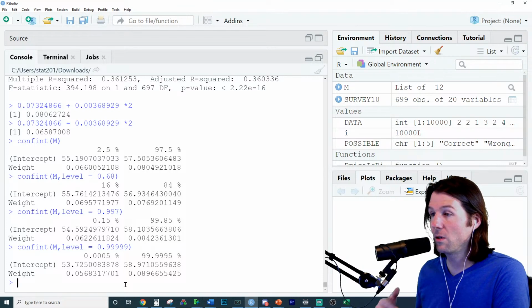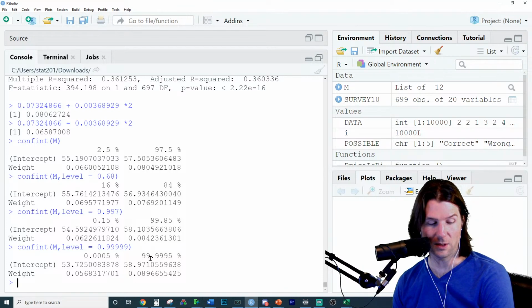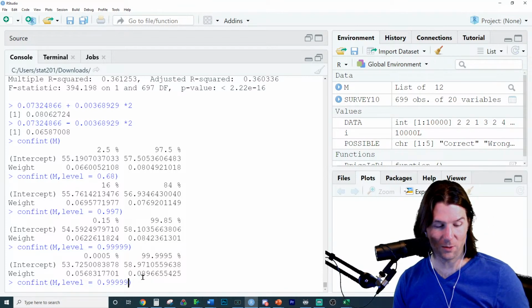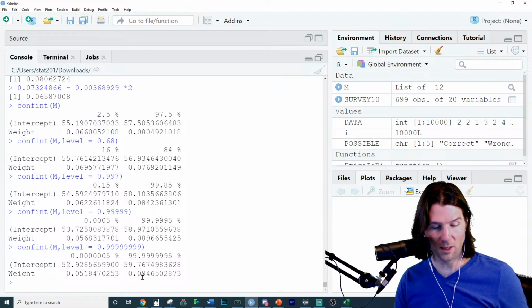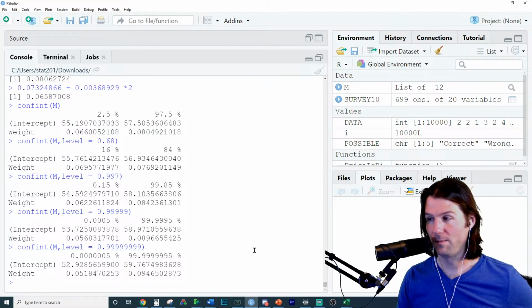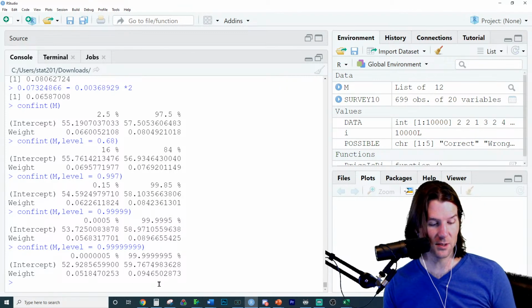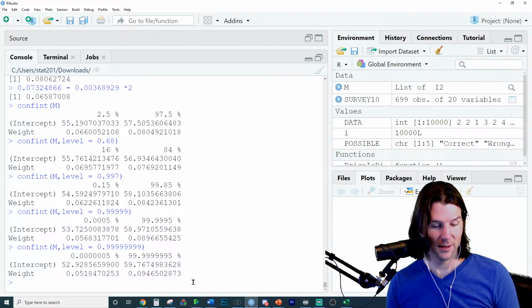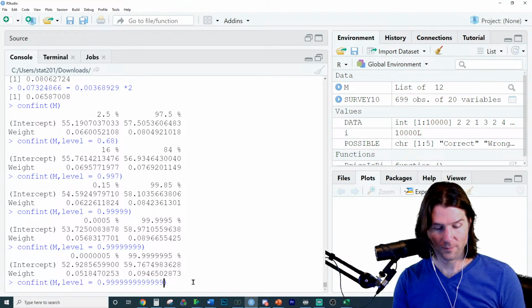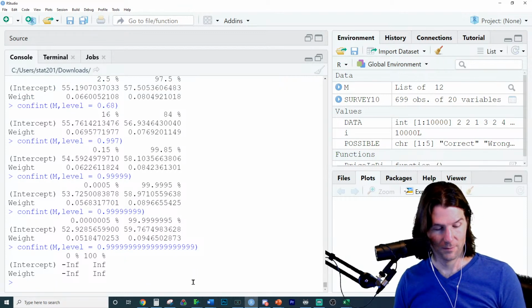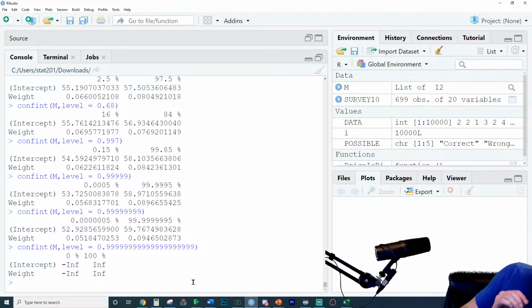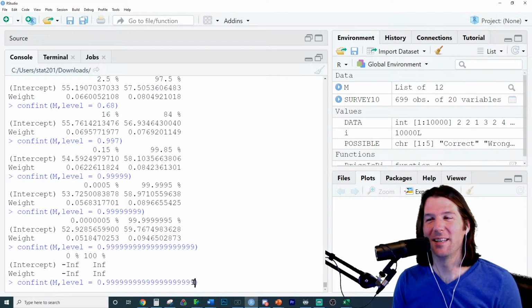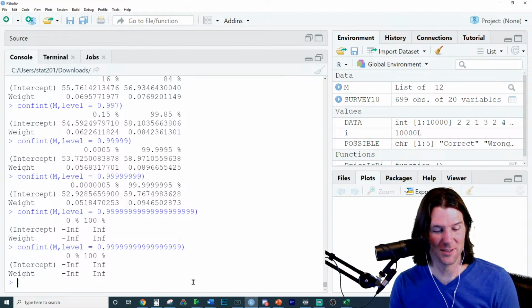Awesome, yeah. So you see you can control the level of confidence, and look, as we get more confident, the interval gets wider. Last question right here. As you get more confident, the interval gets more and more wider. Like I just made a ridiculously confident interval. Wow, it's actually still doing that. I made it so confident it gave me all the values.